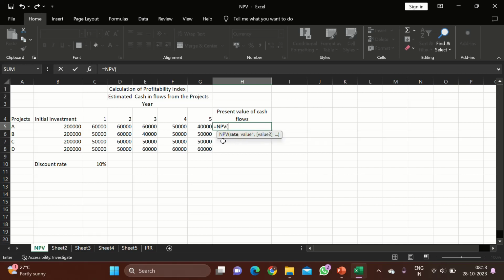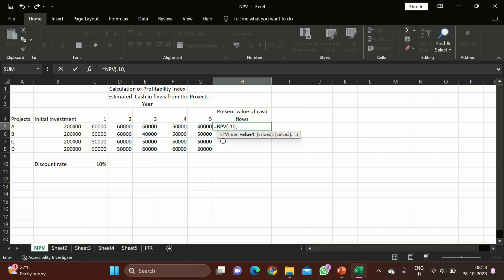First we should enter the rate, discount rate. While entering this discount rate, we should be entering only the exact numbers, not the percentage. Exact numbers. As we can see, 10%.